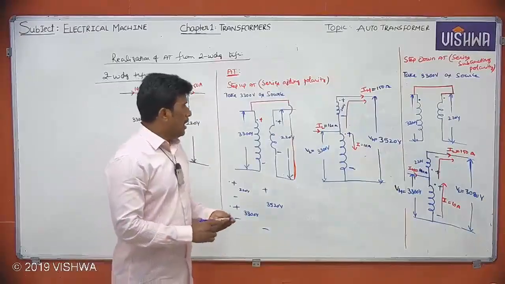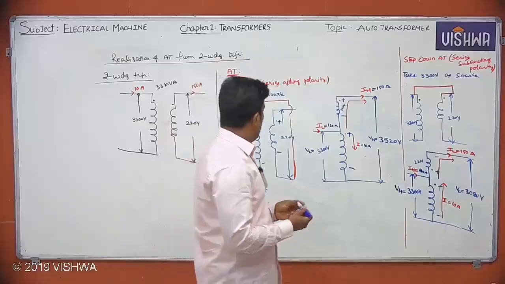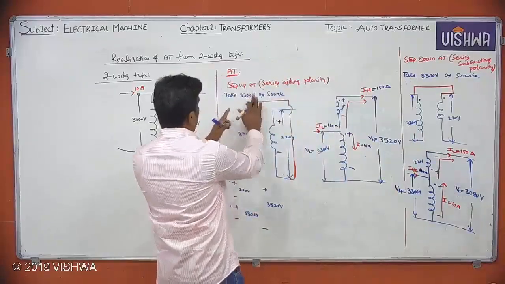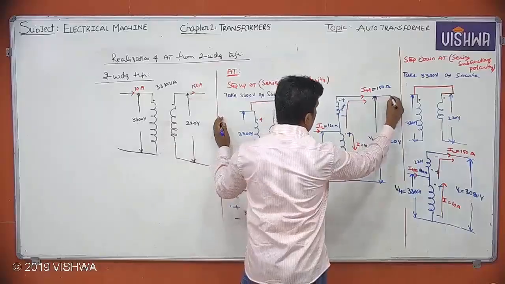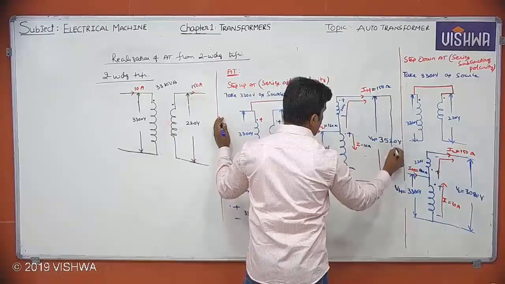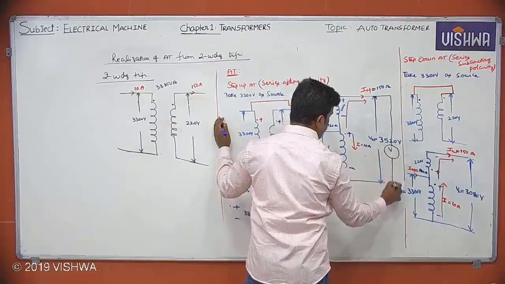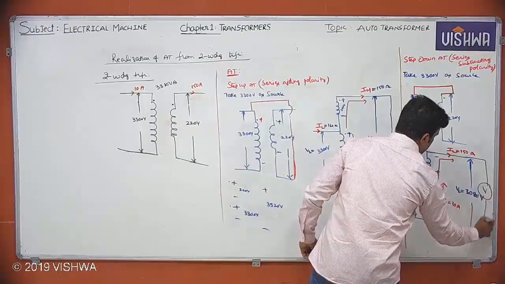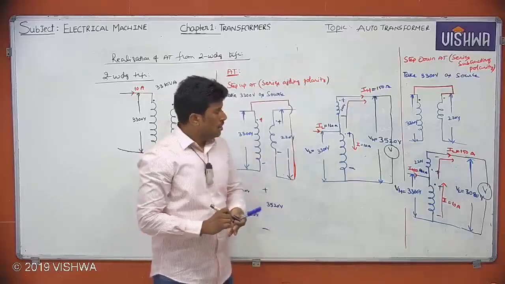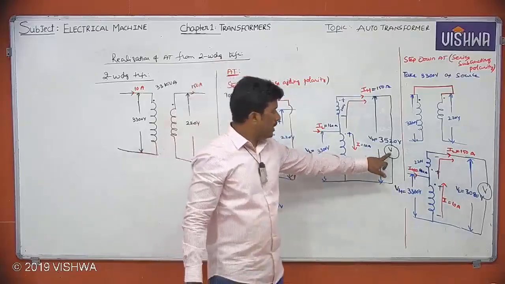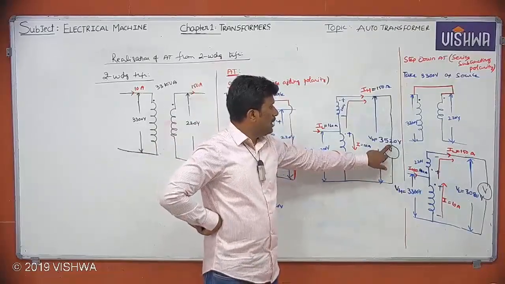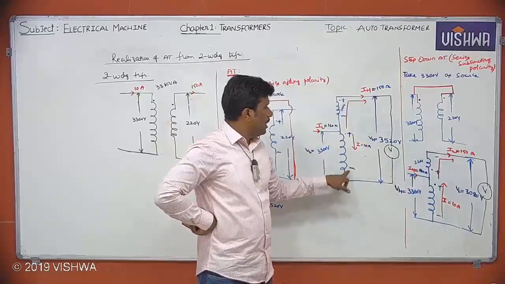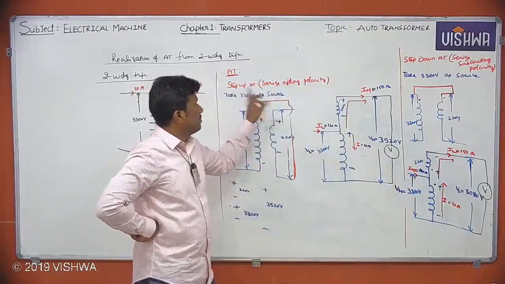Okay, you observe one more note here. Suppose it is a step up auto transformer. If I connect a voltmeter here for measuring the output voltage, with one terminal connected to dotted and another terminal connected to non-dotted, it can be used as a step up auto transformer.